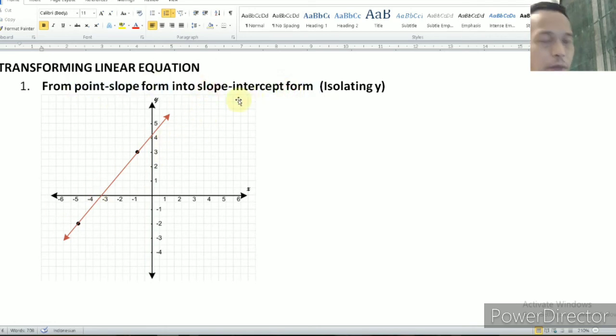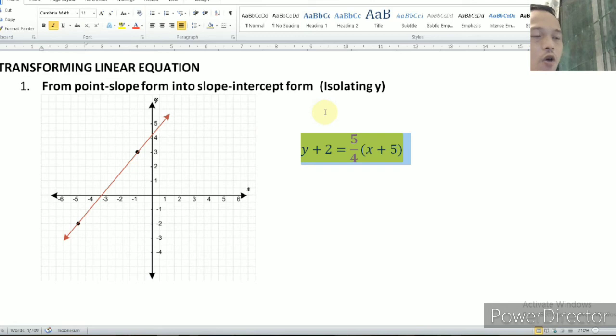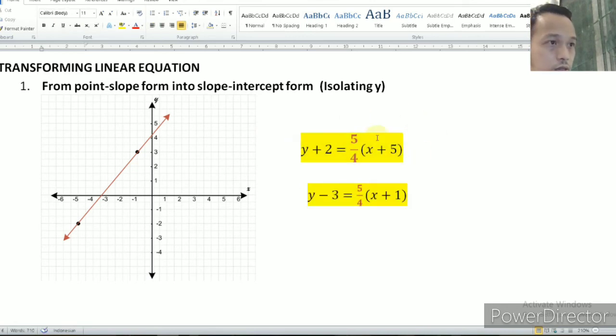Using the same technique as before, we can figure out that there are two possibilities for your equation. The first one is this, and the second one is this. Why are they different? Actually, they are not different, they are equivalent, but they look different since for this one we are using this pair, and for this one we are using this pair.